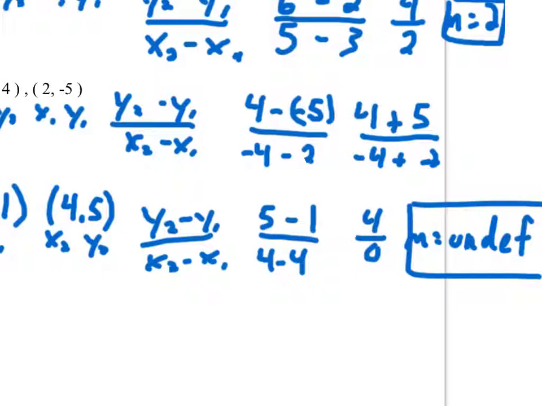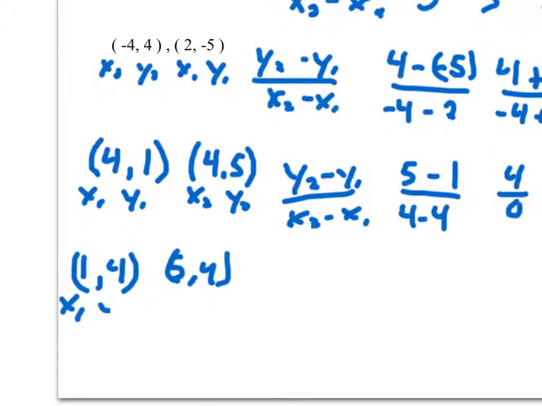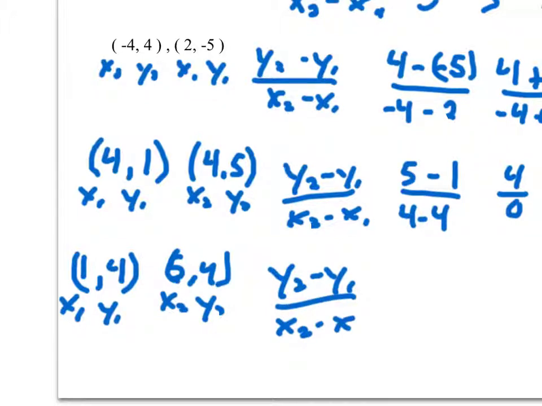Okay? And let's look at one more example while we're here. Let's say we just flop those numbers around and made it 1, 4 and 5, 4. Okay, so again, we'll make this our sub 1s and our sub 2s. Fill in the formula, y2 minus y1 over x2 minus x1. Now plug in our y's. Well, they're both 4.